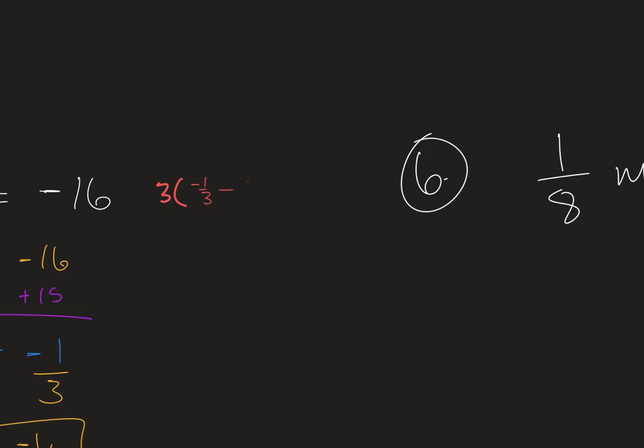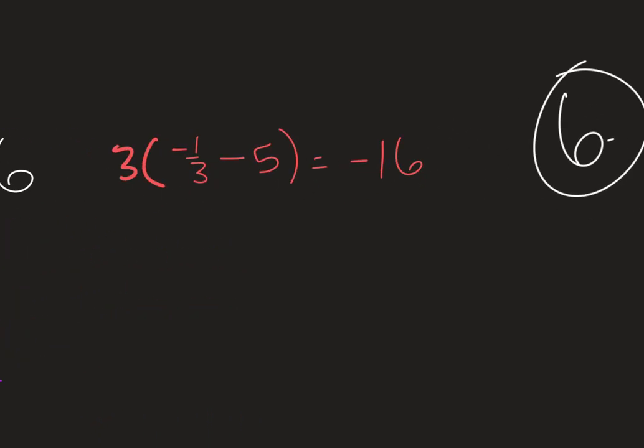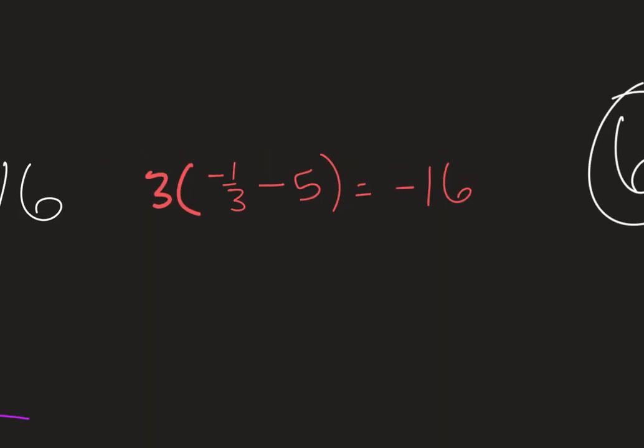Minus 5. Does that equal negative 16? Well, what I'm going to do is I could combine those if I wanted to. But I could go ahead and distribute and get 3 times negative 1/3.